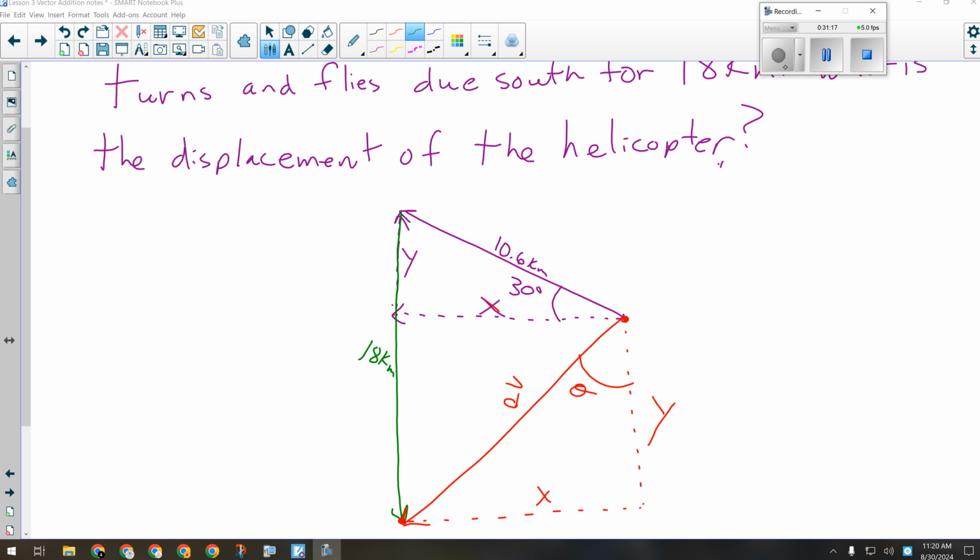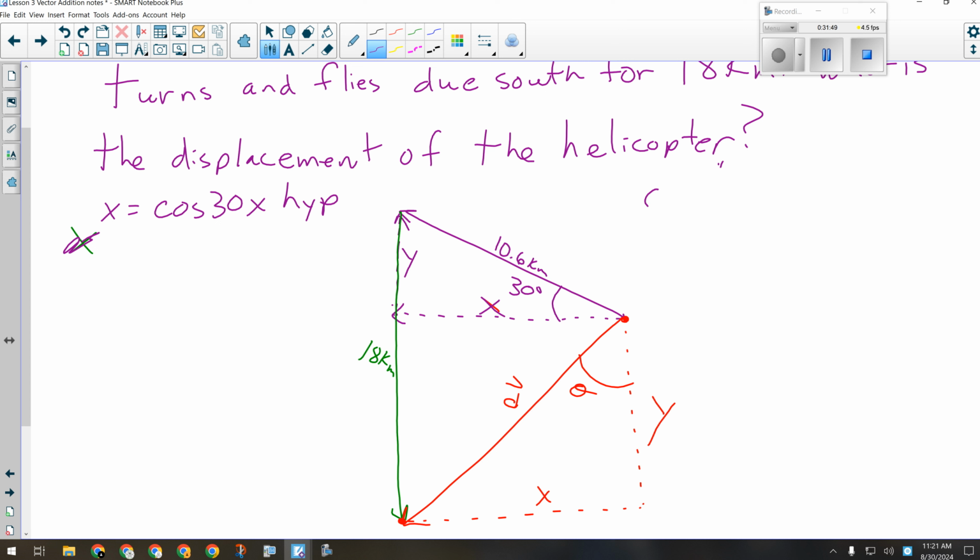If I want to find purple x, is that adjacent to the 30-degree angle? So which trig function am I going to use if I have the hypotenuse and the angle and the adjacent side? Cos. So if I want to find purple x, not green x, I'm going to go cos of 30 degrees times the hypotenuse.